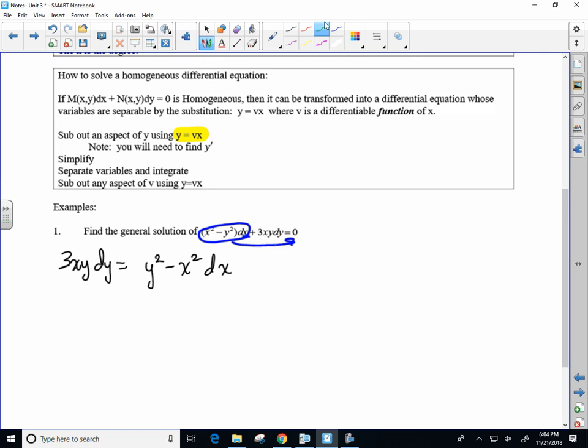All right? So I might even try something like, well, let me just divide out the dx and divide out the 3xy. So dx from both sides, 3xy from both sides.